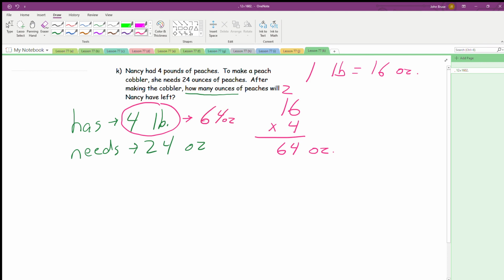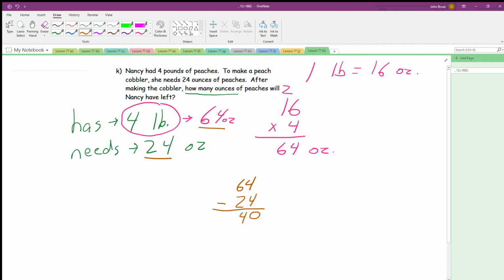And we need to find the difference because she used 24 ounces. She started with 64 ounces. How much does she have left? Well, we are going to solve that by finding the difference. 64 minus 24, because that's what she used. 4 minus 4 is 0. 6 minus 2 is 4.